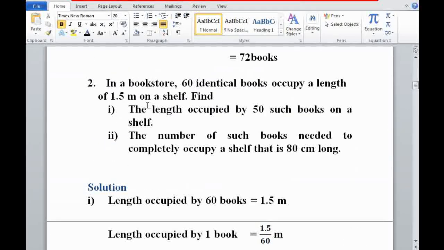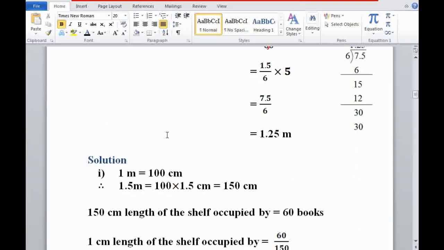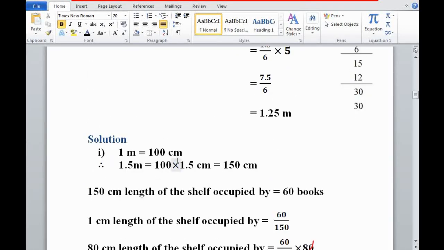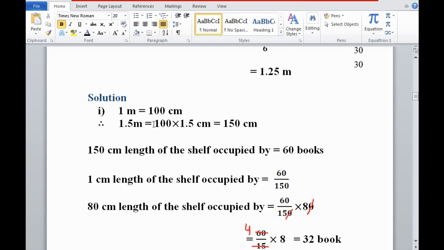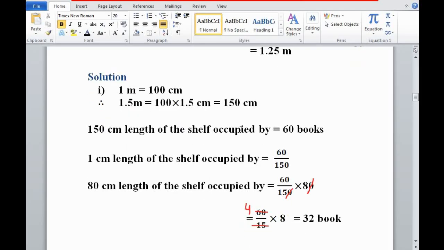1.5 meters to centimeters. For this, we know that 1 meter equals 100 centimeters. Now to convert 1.5 meters to centimeters, we will multiply 1.5 by 100. And their product is 150 centimeters, which means 1.5 meters equal 150 centimeters.